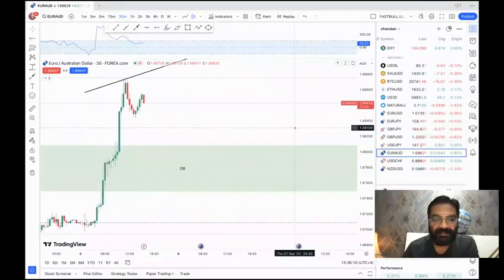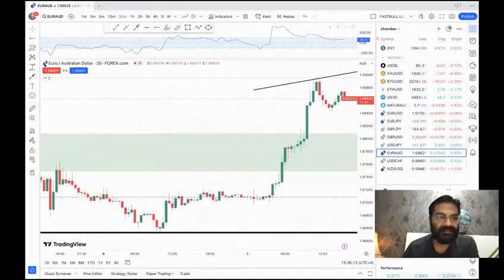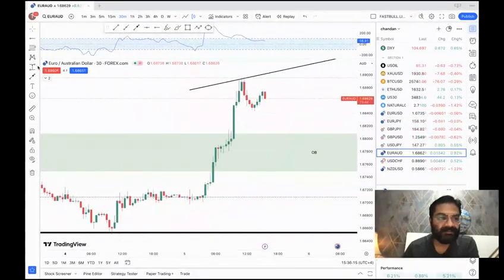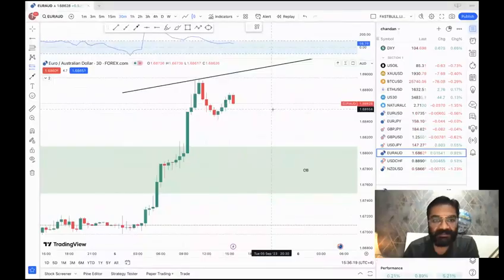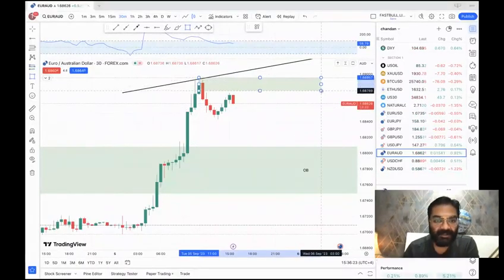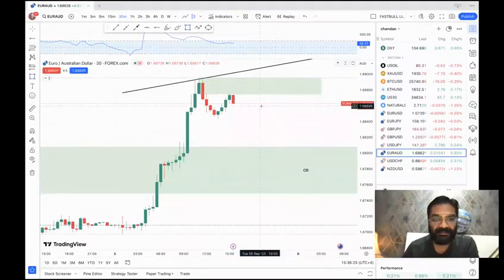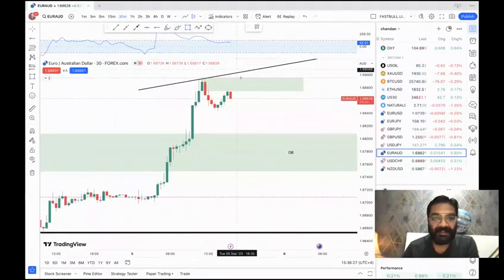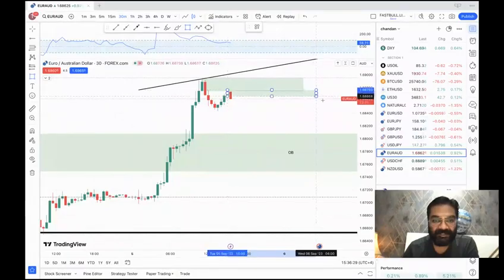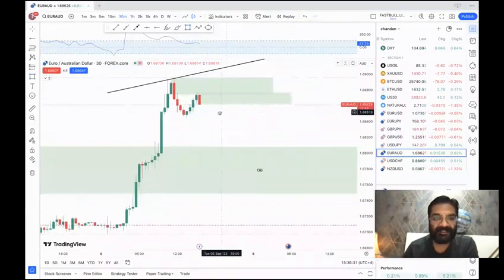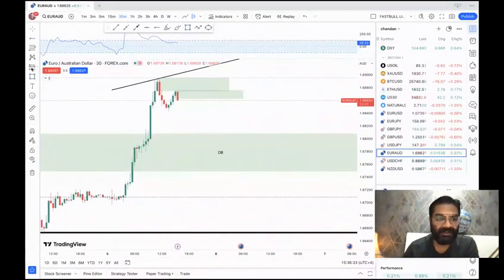Okay, I think this can become a trade for a short position only. This was the bearish order block, got activated. Then there are plenty of sell orders here as well, got activated. I think you guys can go in a short trade.